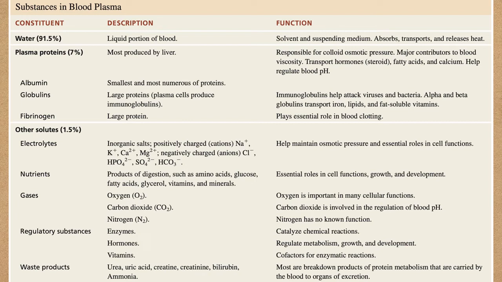I think I didn't say that yet, and it transports hormones like steroids, fatty acids, and calcium. It also helps regulate the blood pH. You may ask, what do you mean by osmotic pressure? It's actually the pressure of the, maybe I'll imagine.